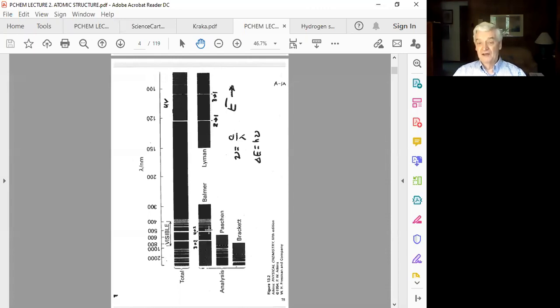And then you get a bunch of others, and then they finally end at some point. So the next one here would be 5 to 2, 6 to 2, 7 to 2, 8 to 2, and all the way up practically to 1,000 to 2 or whatever. But maybe something like 30 or 40 of these bands can be seen.